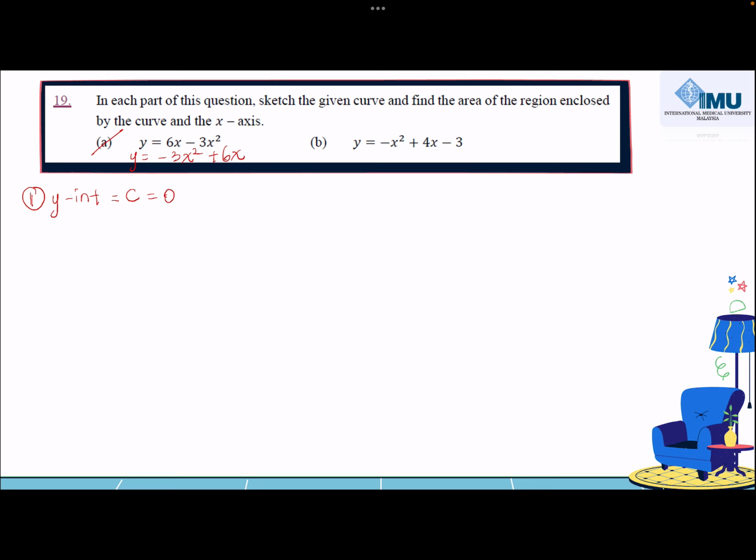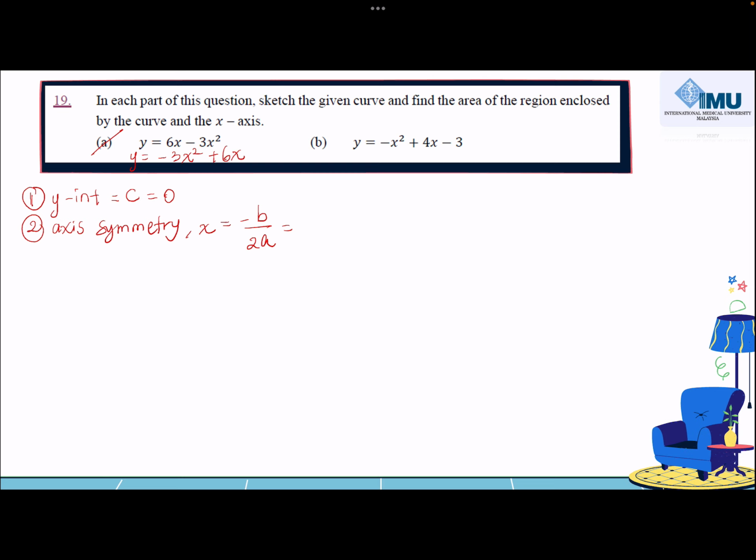Next, you need the axis of symmetry. Axis of symmetry is basically where the turning point happens for the parabola. So we use a shortcut where the axis of symmetry can be found by using the formula negative b over 2a. Now, what is b? B in this case will be 6.